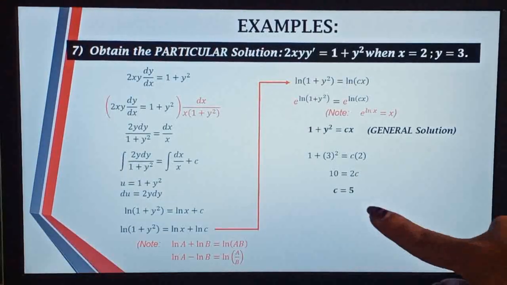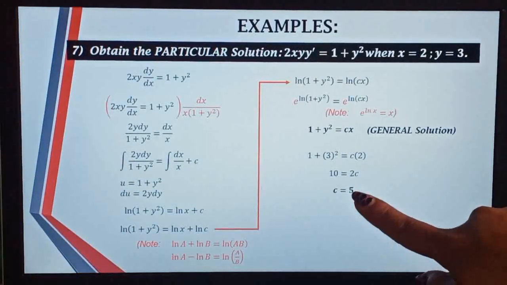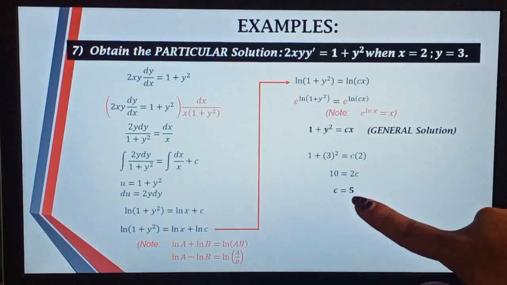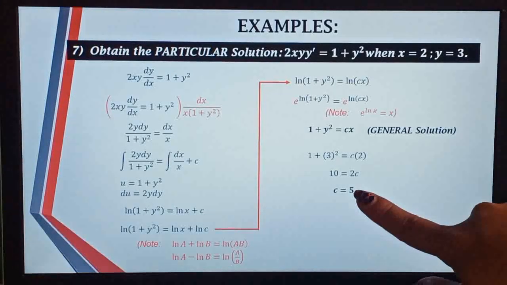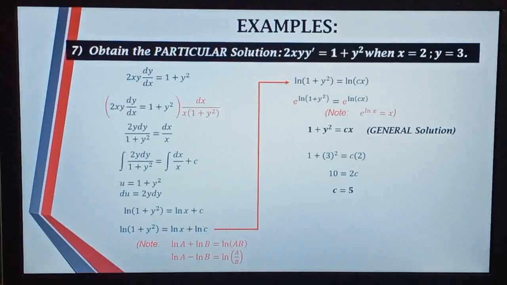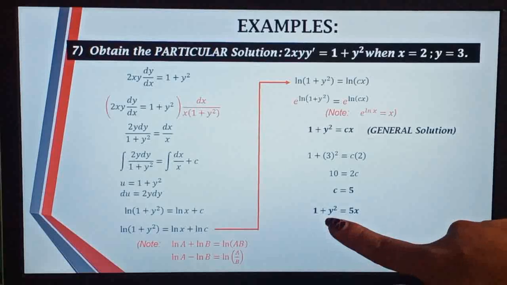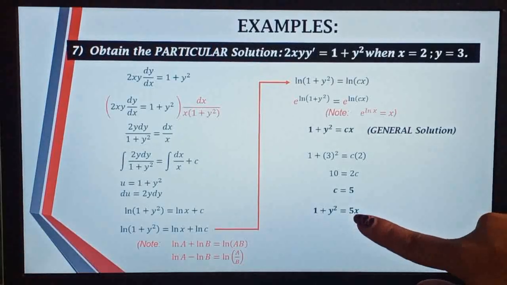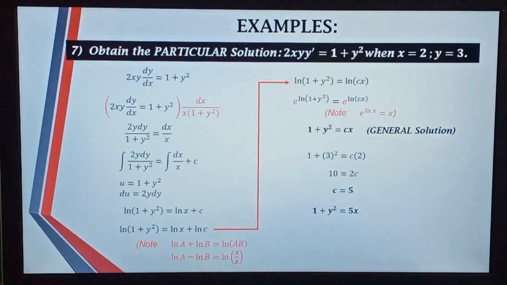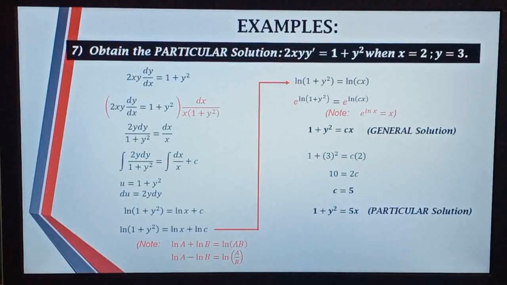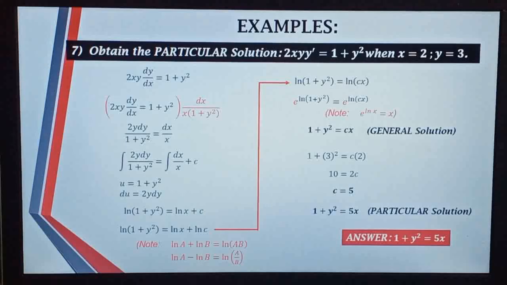Then, our c is 5. Then, getting your particular solution, you have to substitute the value of c dun sa general solution. So, ang equation na natin ngayon is 1 plus y squared equals 5x. Then, this will be our particular solution. So, for the final answer, we have 1 plus y squared equals 5x.